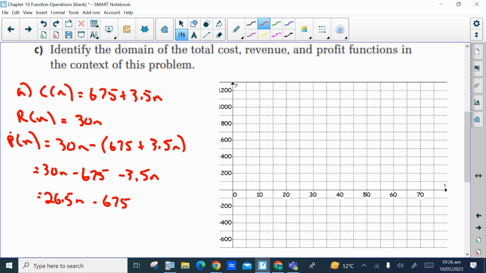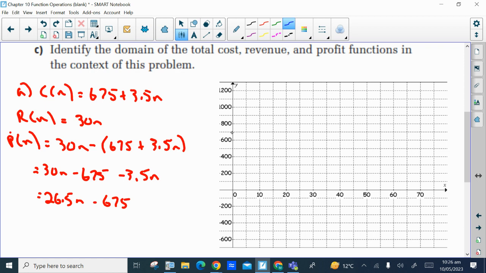Then part B says to graph the cost, revenue, and profit functions all on the same grid. So our cost function is 675 plus 3.5n.